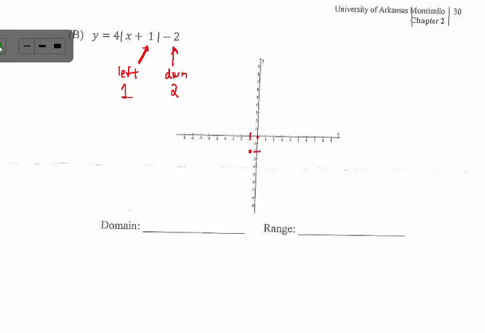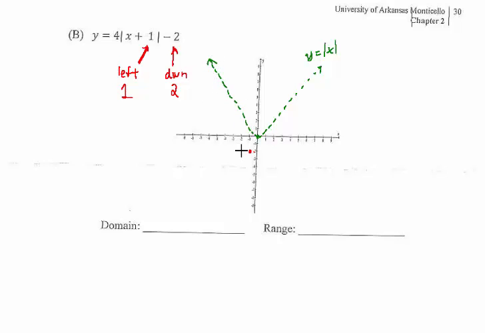So this is going to be our actual starting point here, not the origin. So let me draw our parent function in green. This is normally where it starts, just our basic y equals absolute value of x. Okay, but our new one is going to start here.